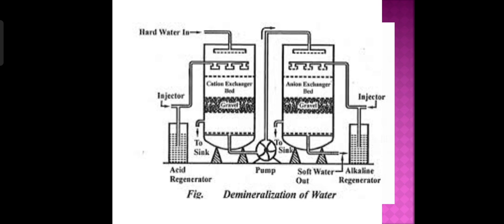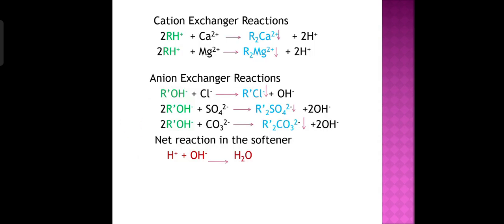The anion exchanger bed is represented as R-OH minus. So now coming to the reaction side, anion exchanger R-OH minus comes into contact with the first impurity, chloride ions. It will form R-Cl minus as a precipitate, releasing OH ions in the water.